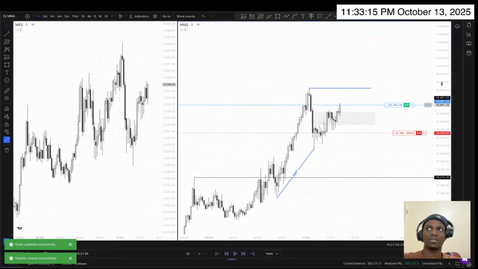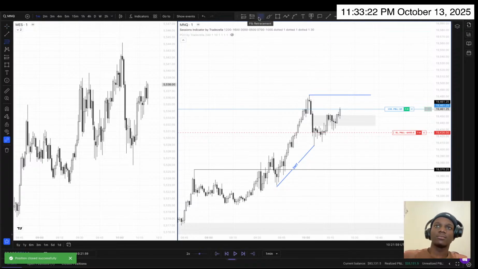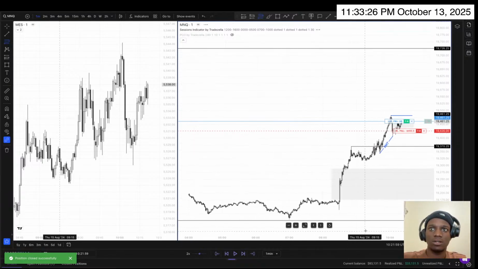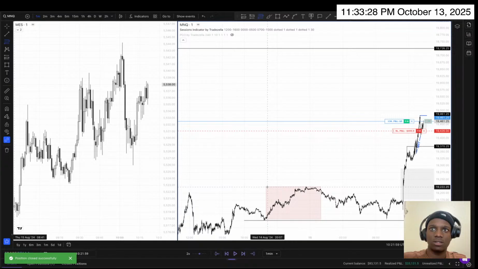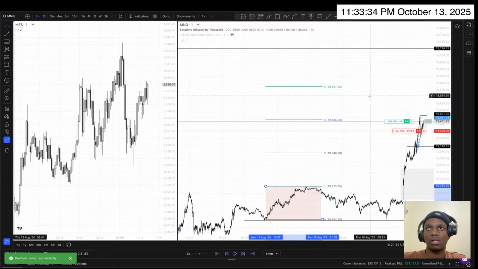I would like to use these variations here. Hit last standard deviation here.